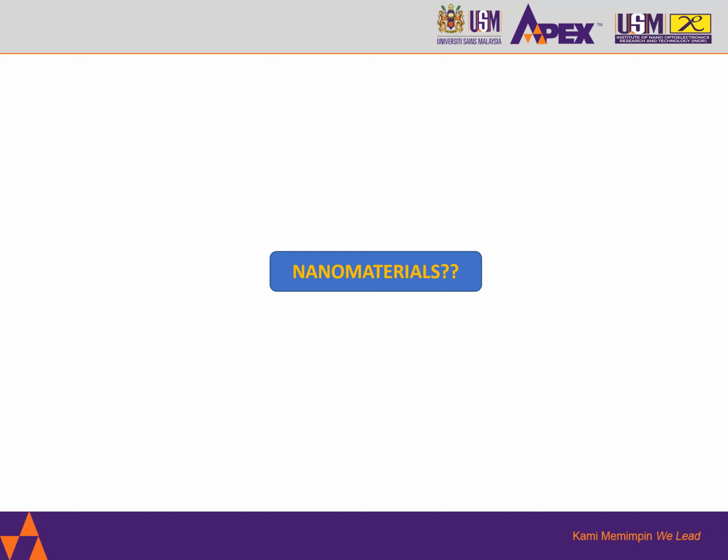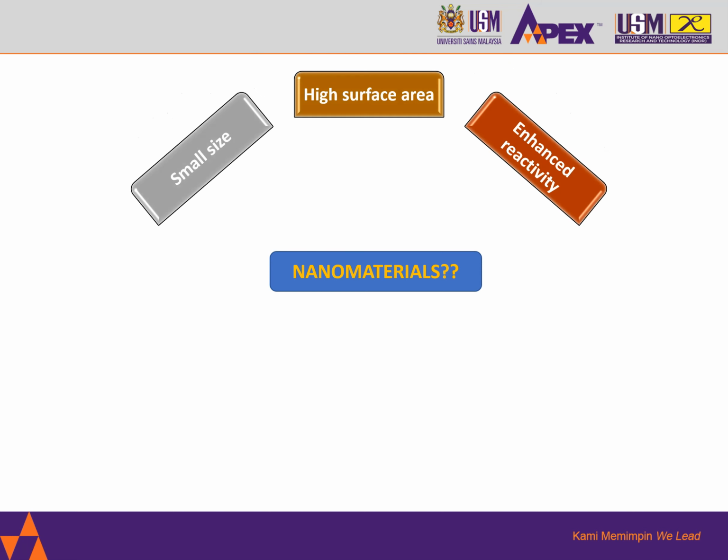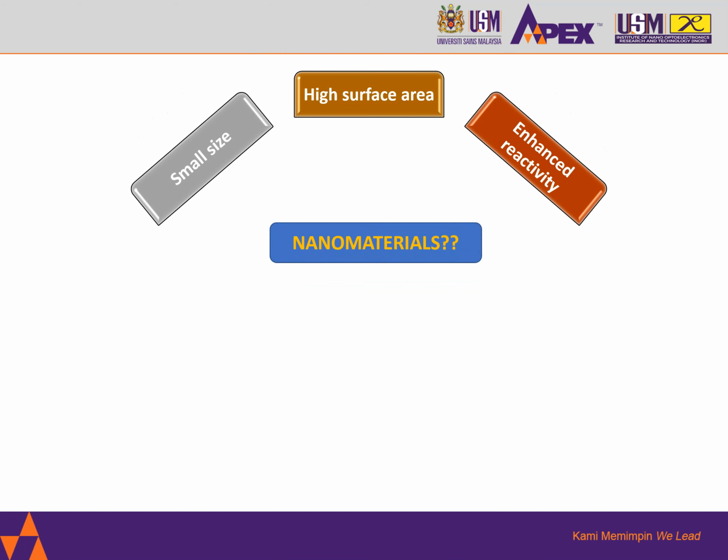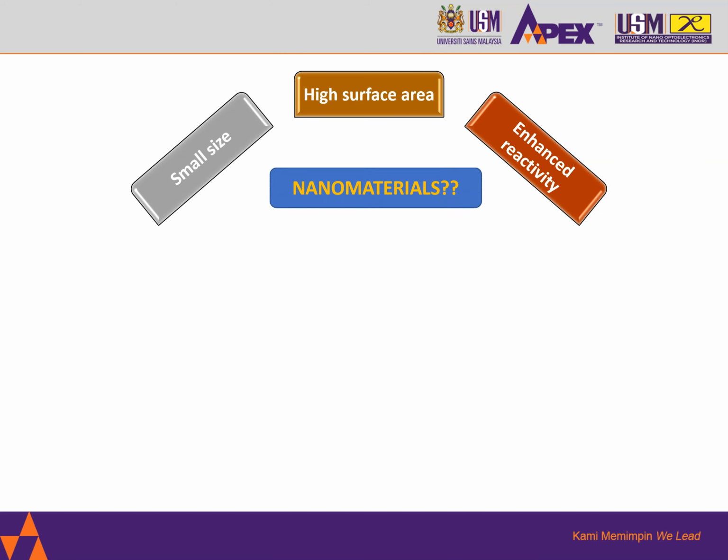Most of the time, these properties also depend on shape, composition, aspect ratio, and whatnot. In fact, the definition of nanomaterial is still an active area of scientific and policy debate, although a few accepted requirements are small size, high surface area, and enhanced reactivity over bulk materials.